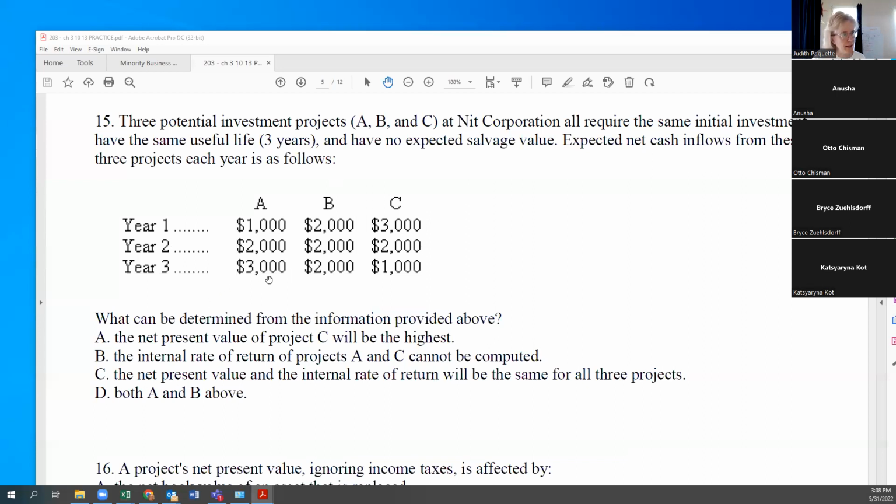And then year three, A and B have the bigger cash inflows. Okay. So the net present value of project C will be the highest is the answer, because it's getting this money the first year. So that 3,000 is only being discounted for 1 year, whereas project A doesn't get its 3,000 until year three, which means it's going to be discounted for 3 years. So more interest is going to be taken out of that.